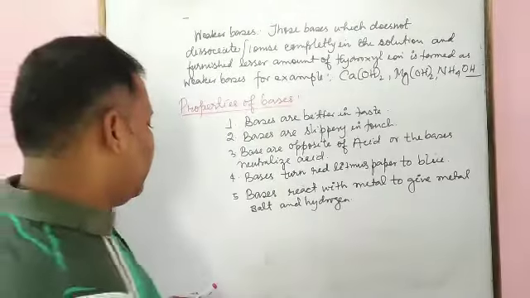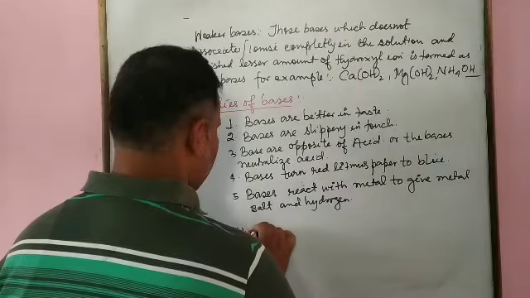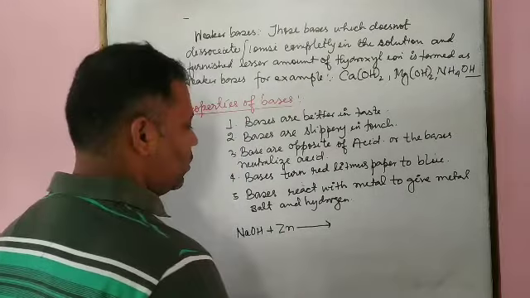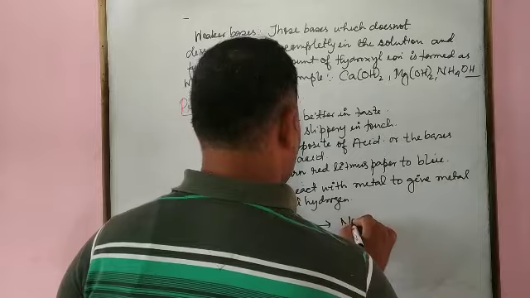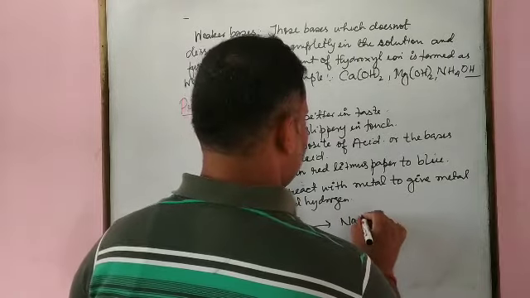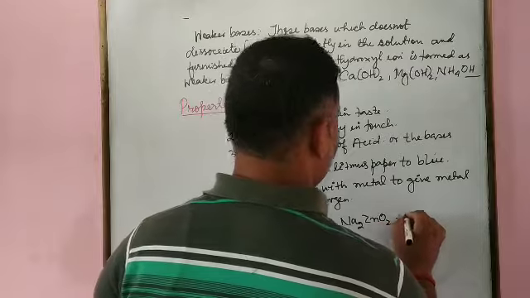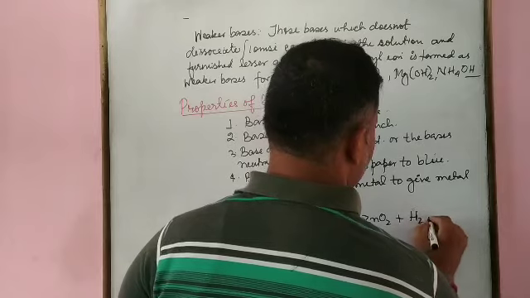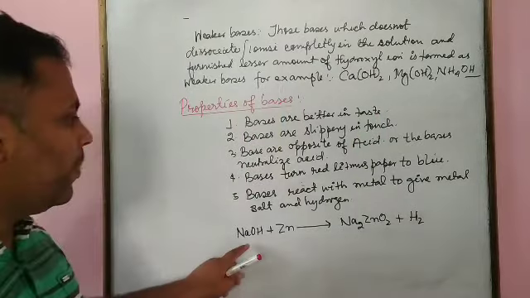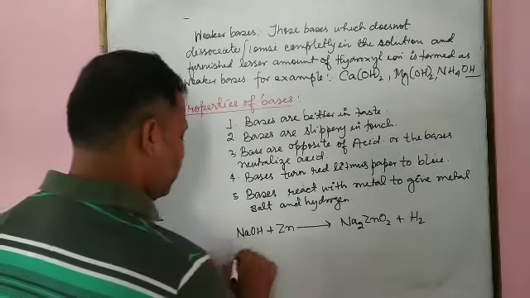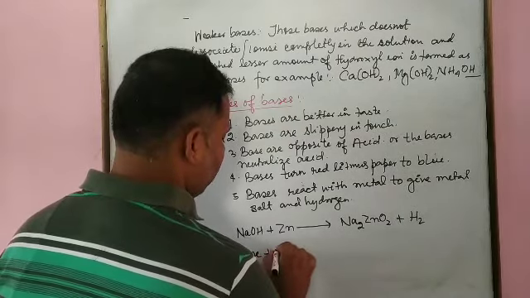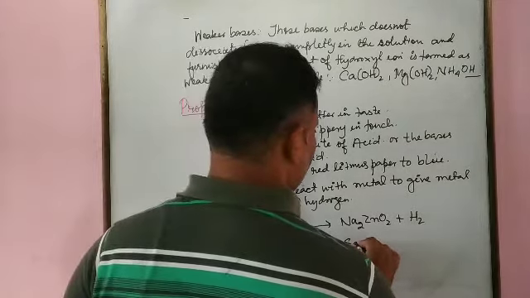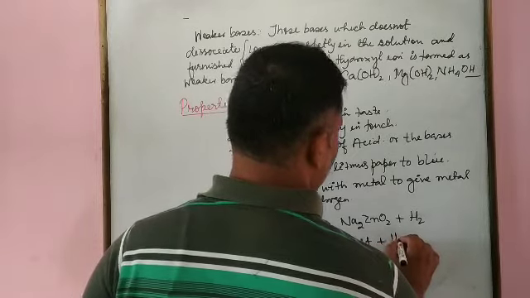Let us see it. When sodium hydroxide, NaOH, reacts with zinc metal, then it forms what? It forms Na2ZnO2 plus hydrogen gas. What we know? It means this is base. When base reacts with metal, it forms salt and hydrogen gas.